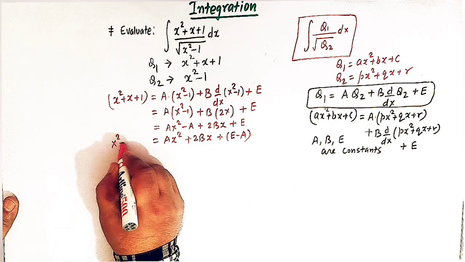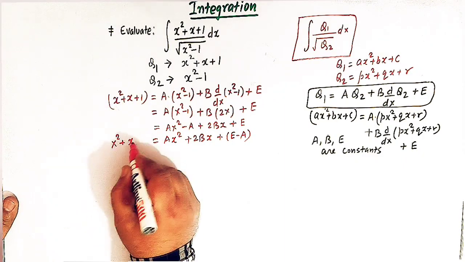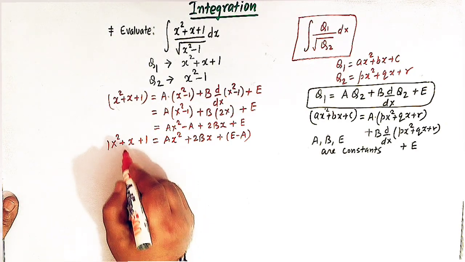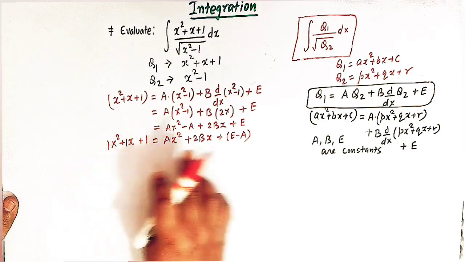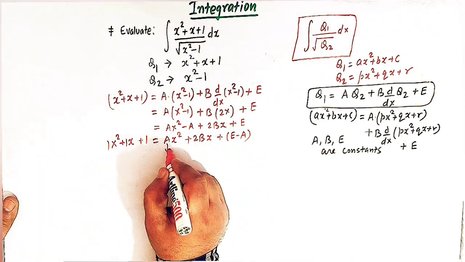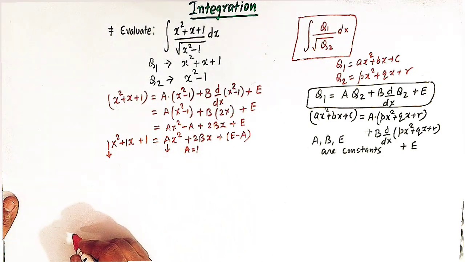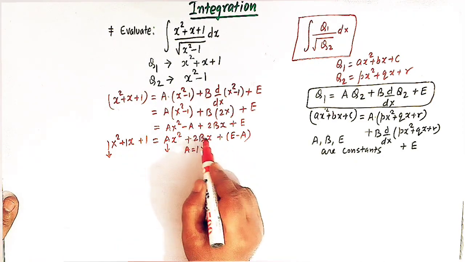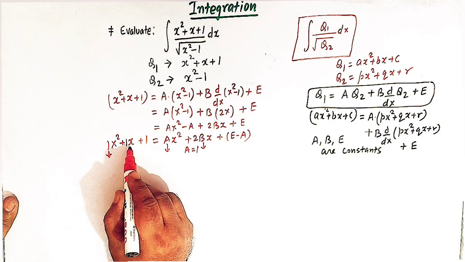Okay, so now we have the left hand side is x square plus x plus 1. Here the coefficient of x square is 1. Here the coefficient of x is 1. So comparing both the sides, the value of a is equal to 1, right? And the coefficient of x is 2b, and here the coefficient of x is 1.